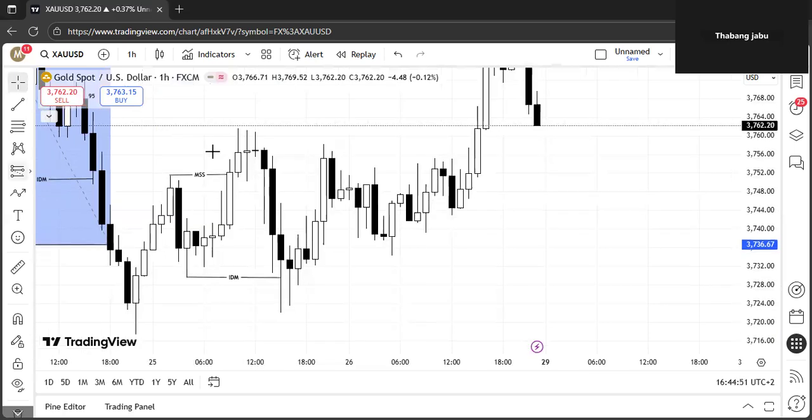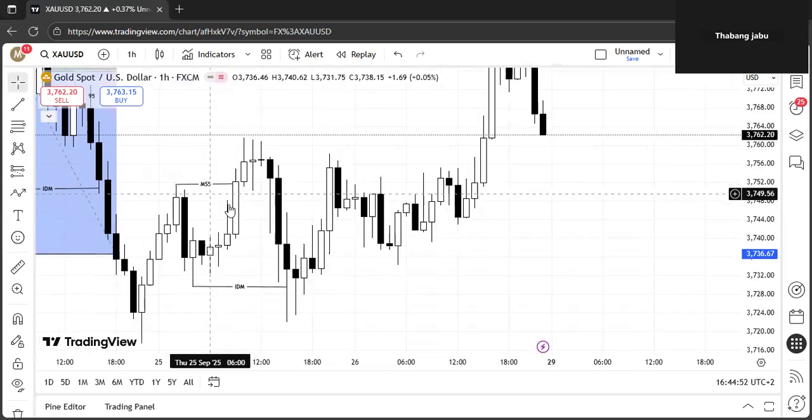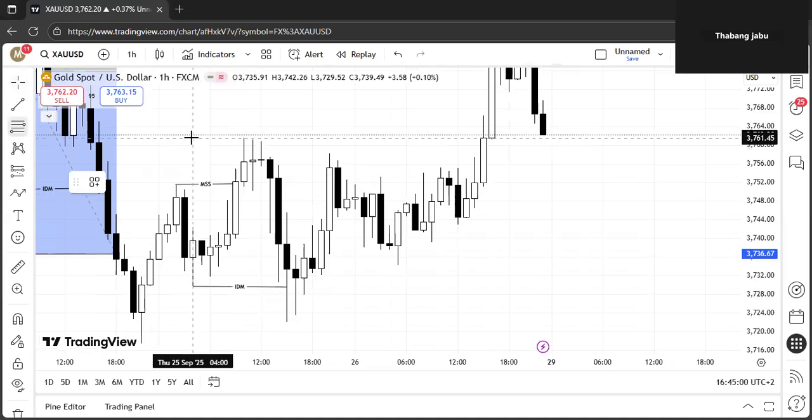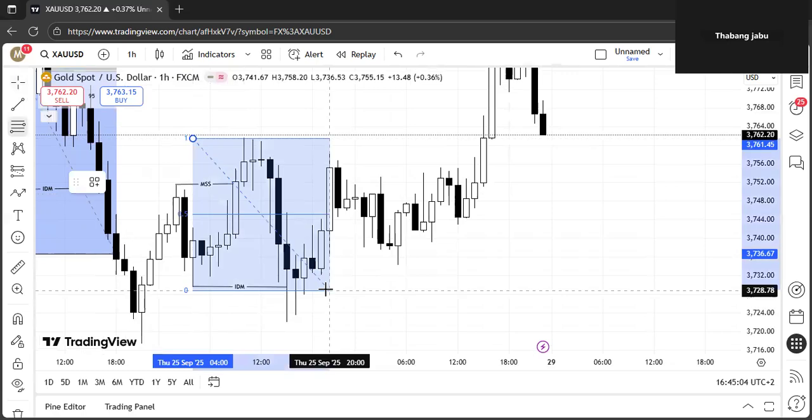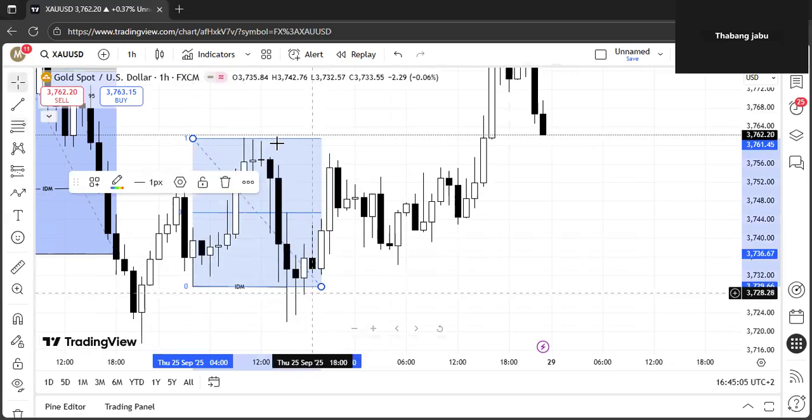So we have our change of character. We have our fair value gap. But that's where the Fibonacci comes in. We're using this low and this high to find an entry right here.